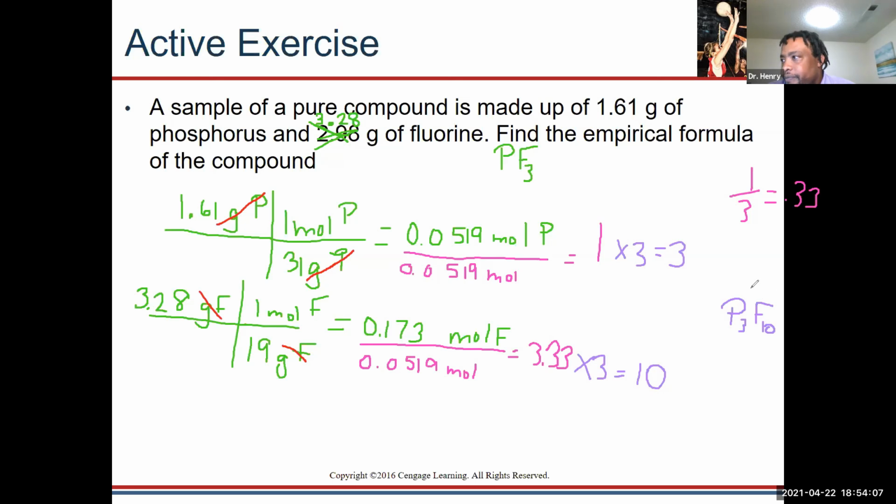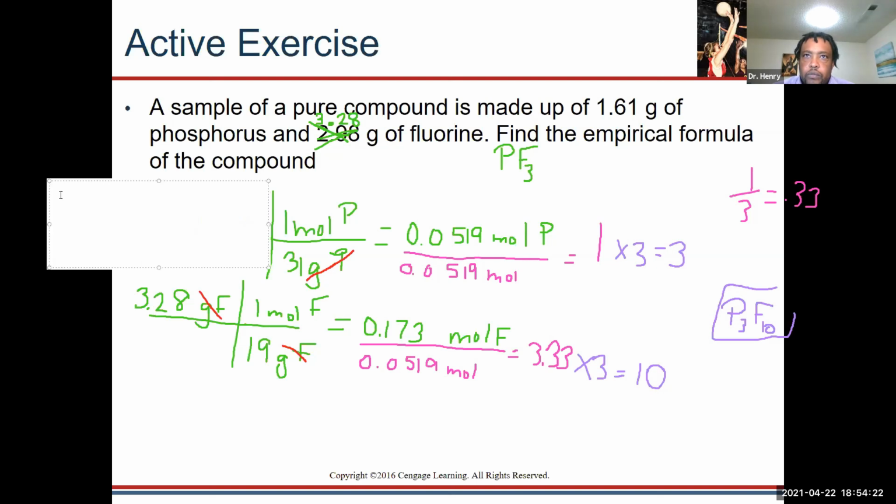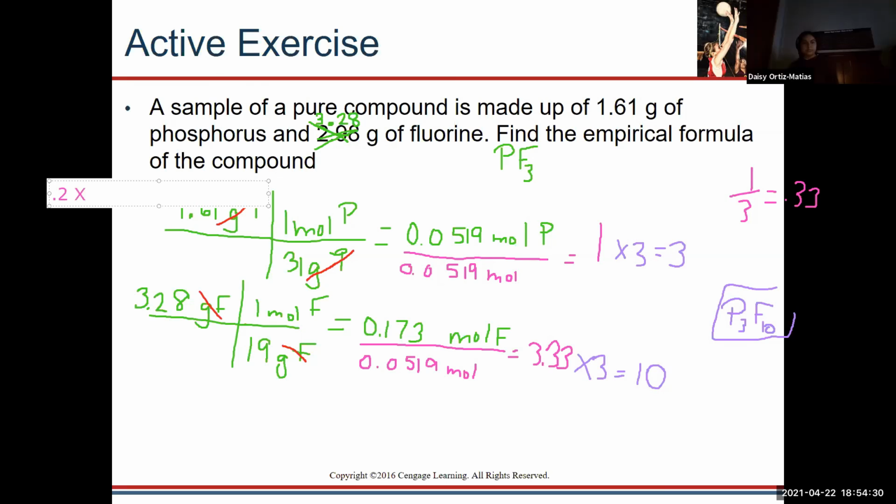Okay. So I'm going to give you this nice little cheat sheet that I wish I had when I was in college. If it ends with 0.2, we need to multiply it by what to make it a whole number? 5.